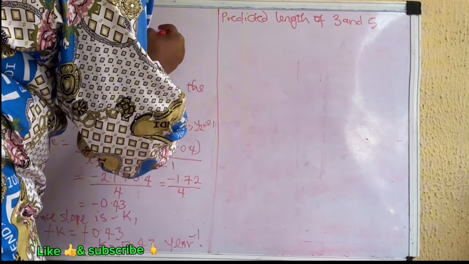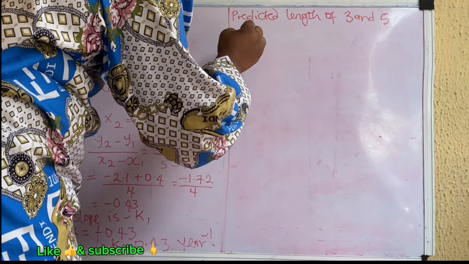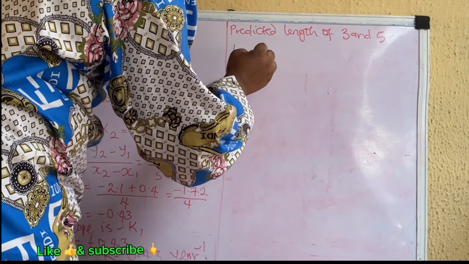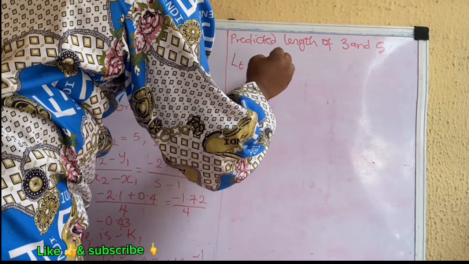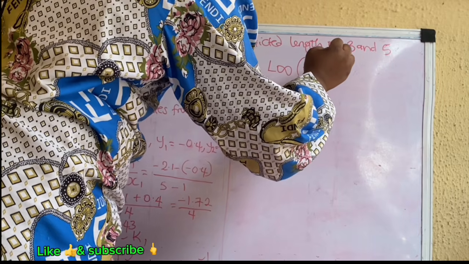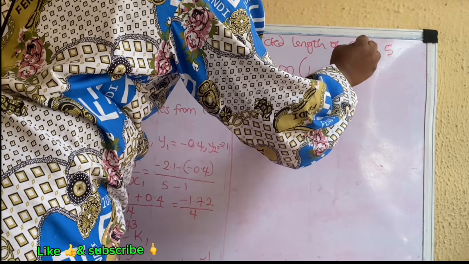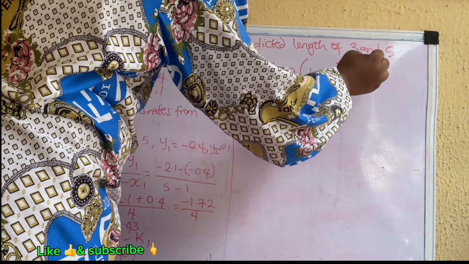From your equation, LT is equal to L asymptotic, bracket 1 minus E raised to the power minus KT.